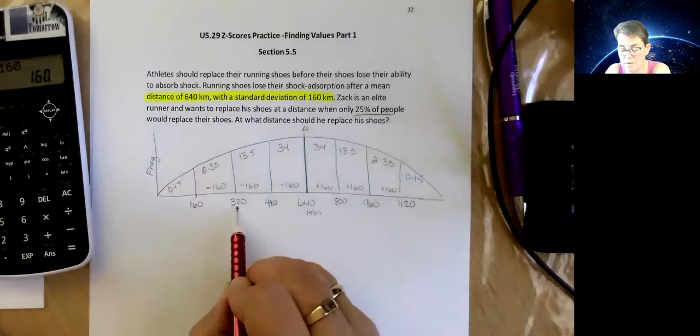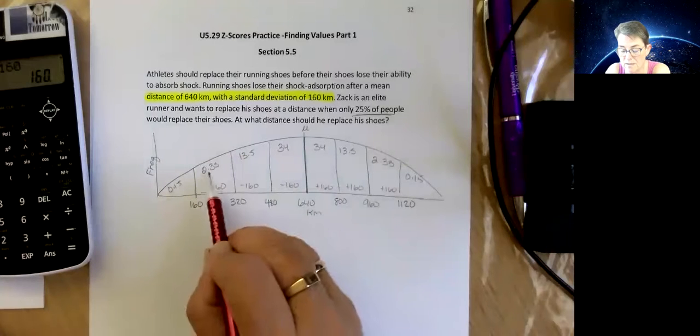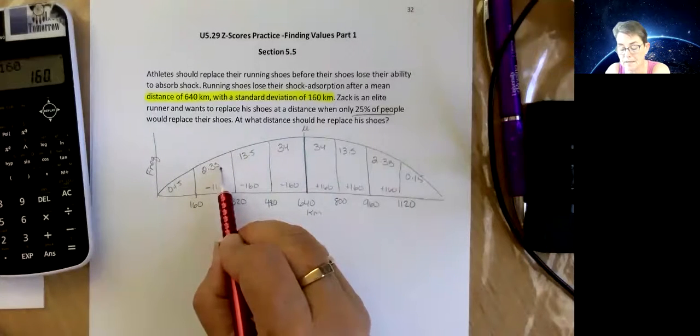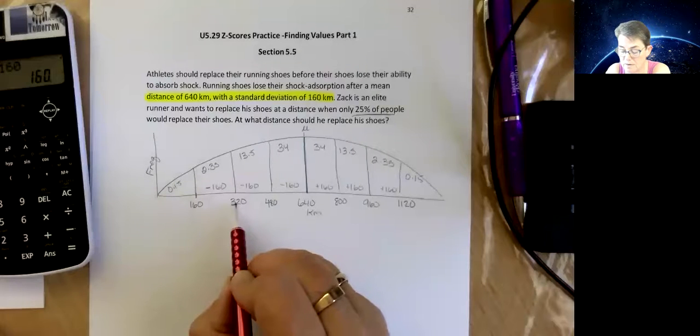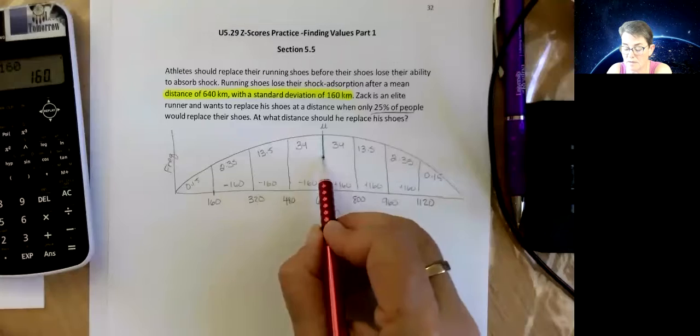So if he goes up to 320, then it would be 0.15 plus 2.35. And that is a grand total, you should know by now, of 2.5. That's not enough. I want 25%. I can even add on the next 13.5%, and that gives us 16%, but I can't go here because that's going to be 50.